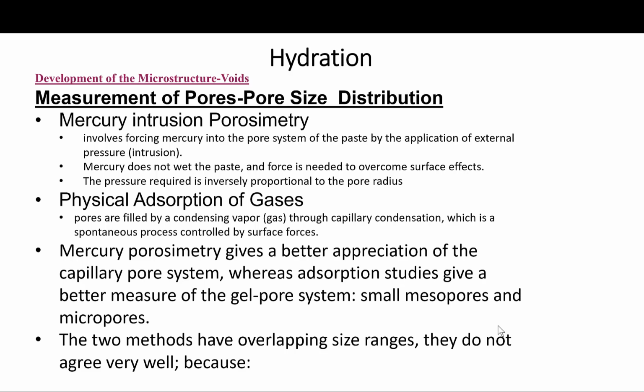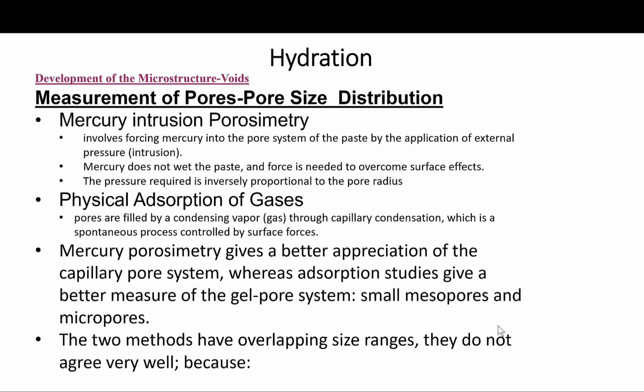As I said, the mercury does not wet the paste, and force is needed to overcome the surface effects. The pressure required is inversely proportional to the pore radius of the paste. In the adsorption method, pores are filled by condensing gas through capillary condensation, as I said, which is a spontaneous process controlled by surface forces.